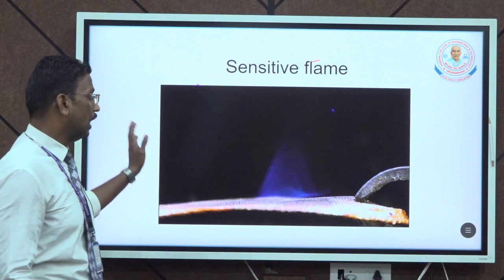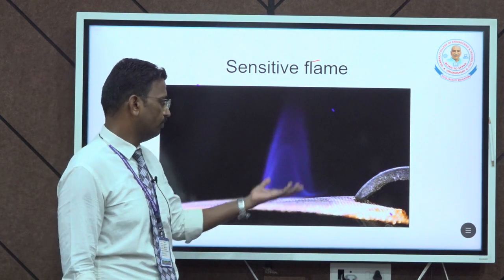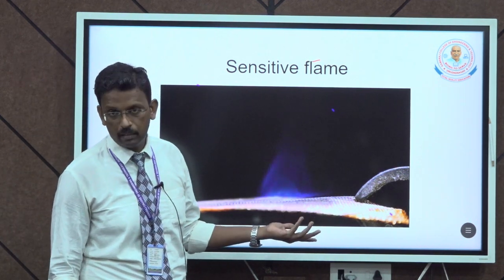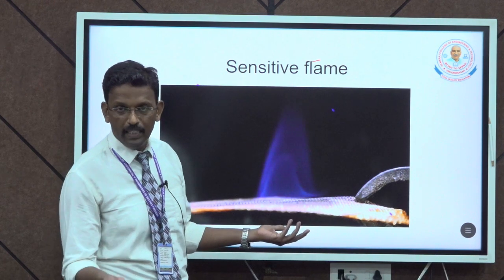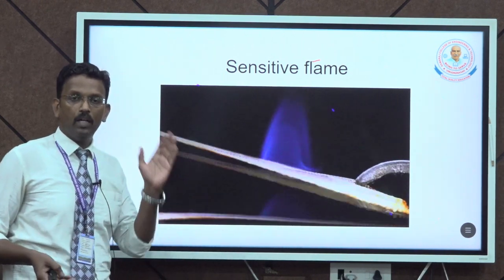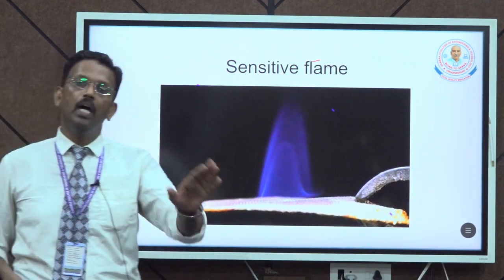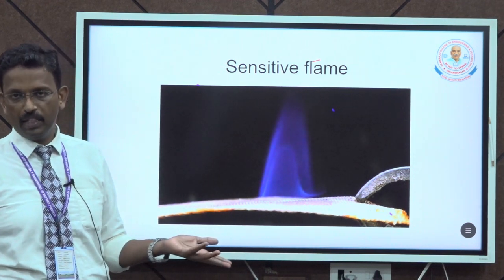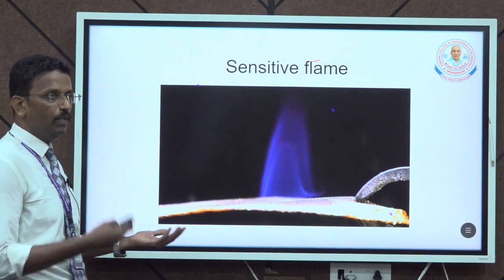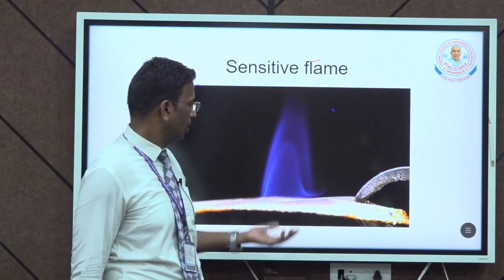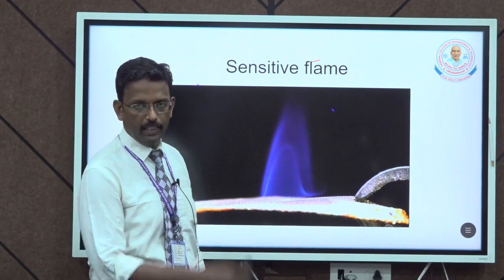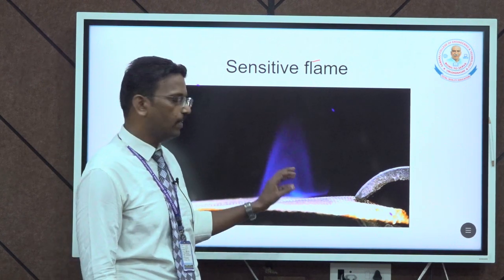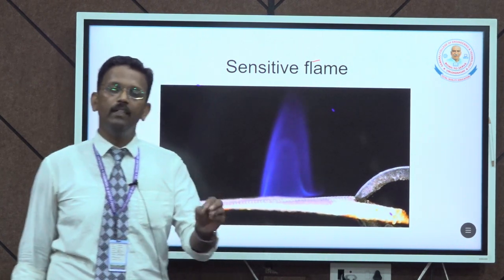But when an ultrasonic wave passes through the flame, it will flicker. Why does it flicker? When an ultrasonic wave passes through a medium, it forms alternate compressions and rarefactions. Due to the variation in air molecules, it forms a flickering. So that is another very simple method to detect ultrasound.